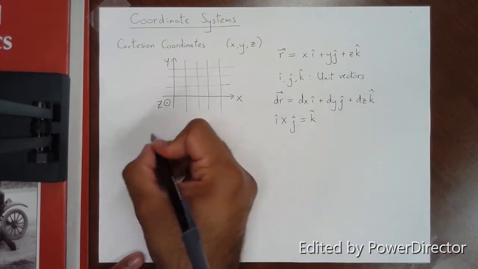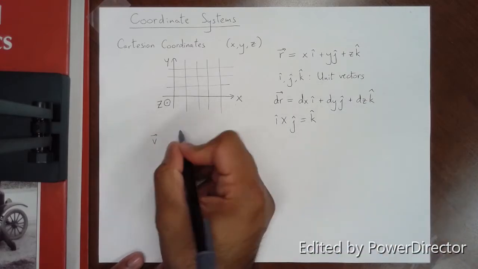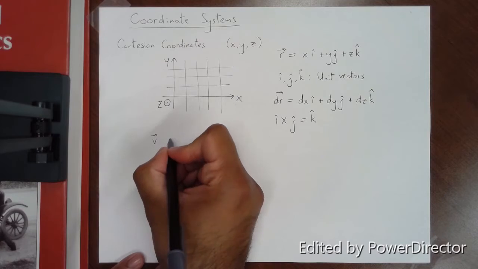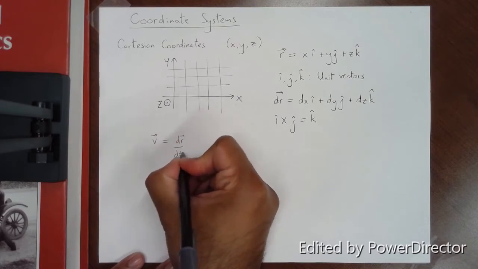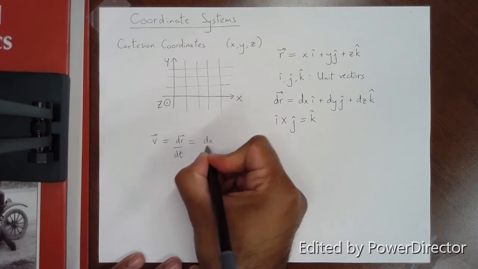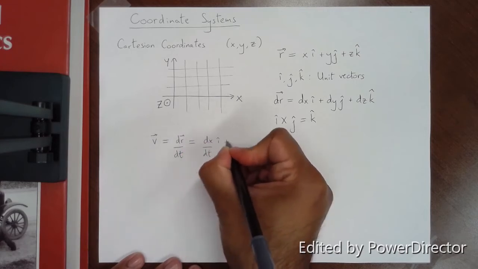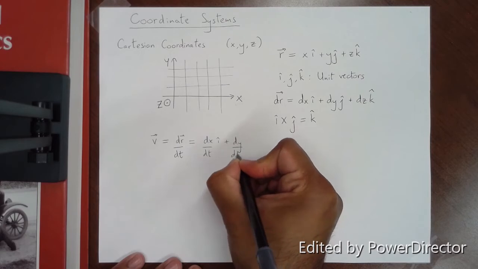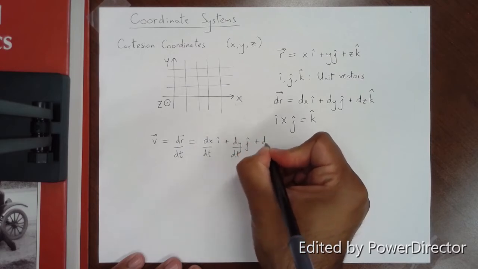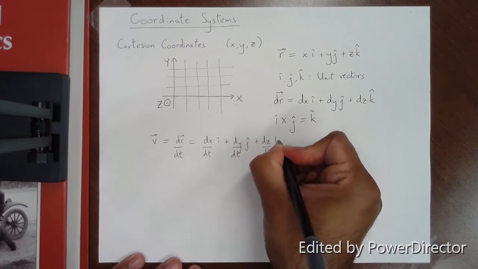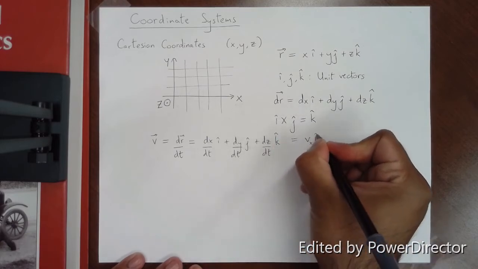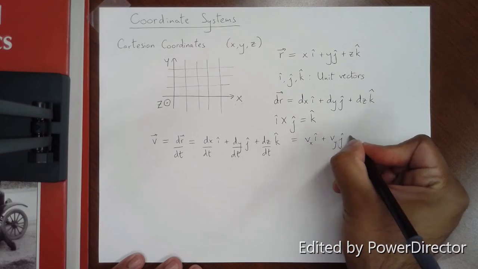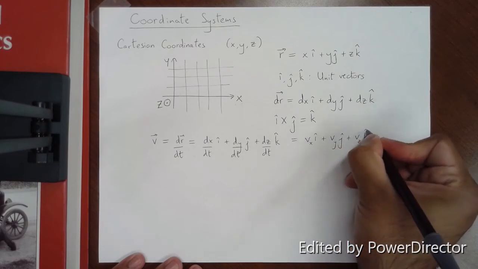From dr we can find the velocity in Cartesian coordinates, which would be dr dt, which becomes dx dt i hat plus dy dt j hat plus dz dt k hat. But this is simply vx i hat plus vy j hat plus vz k hat.